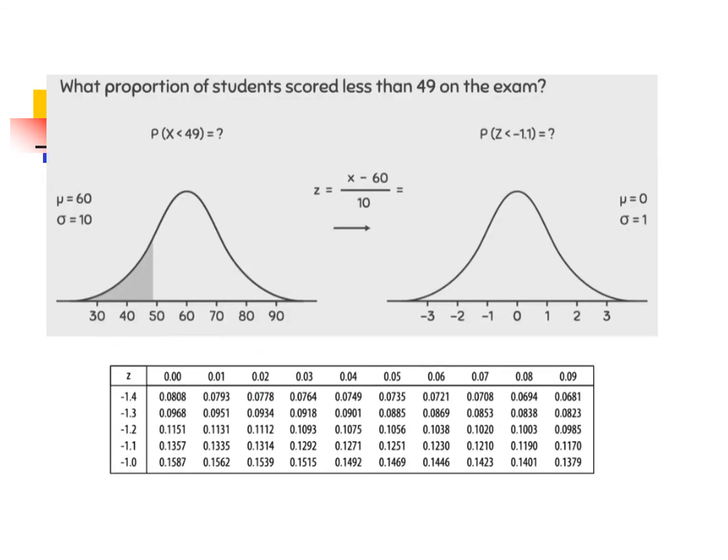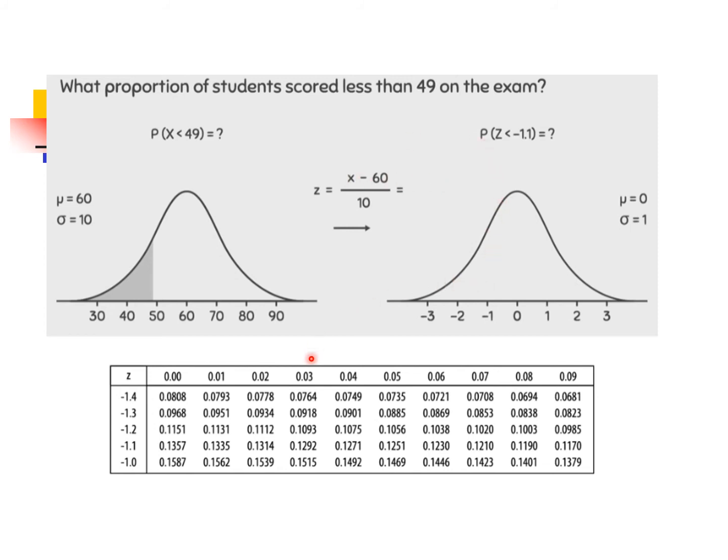Now some question is given to you, where maybe the scores of students are distributed this way. The mean is around 60 and the standard deviation is 10. It wants us to find the probability that the value of x is less than 49. To find that, you first convert it into the standard normal distribution and see what the z-score value is.